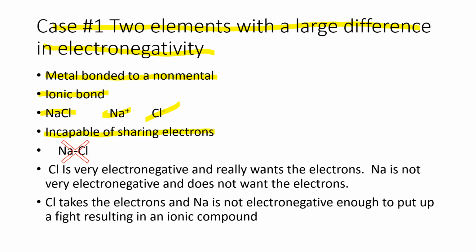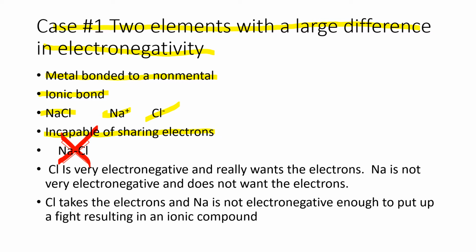If you think back to the Lewis structures that we've also done, we showed elements sharing electrons represented by the lines that bond between the elements. Well, for sodium and chlorine, because that electronegativity difference is so great, they're incapable of sharing. These are not going to be able to share any electrons.